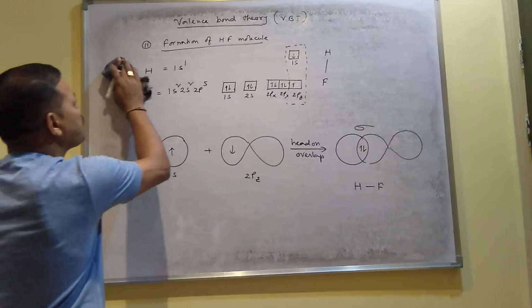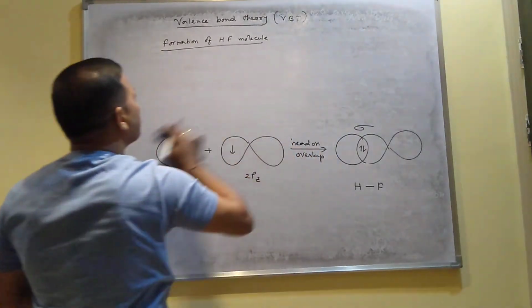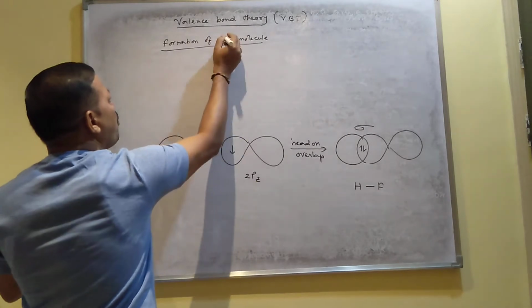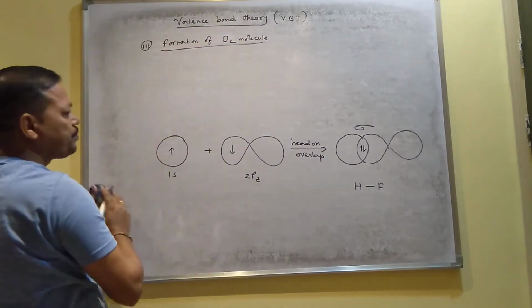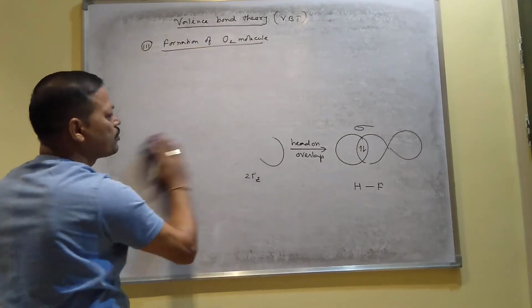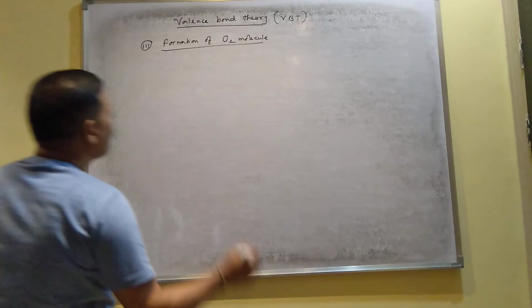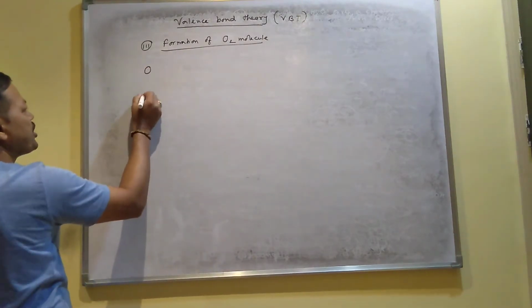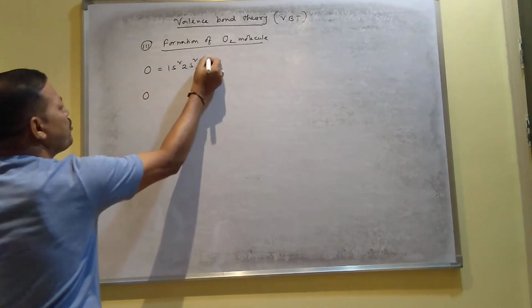Now the next molecule we will draw is the formation of oxygen molecule O2. This is number 3. So the oxygen molecule contains 2 oxygen atoms and their configuration is 1s2, 2s2, 2p4.